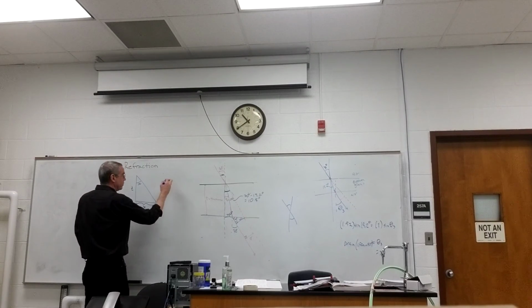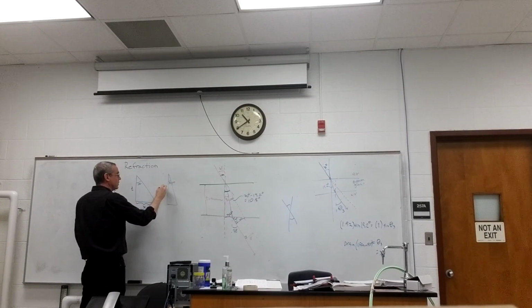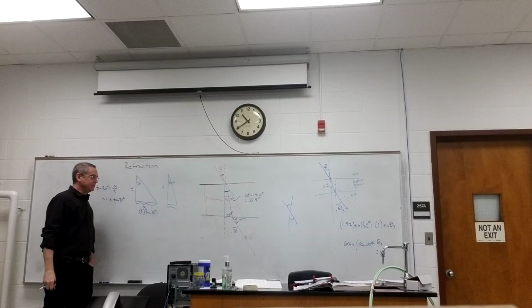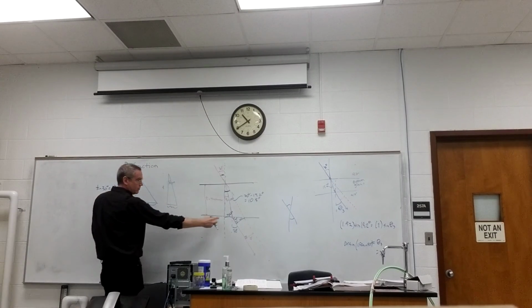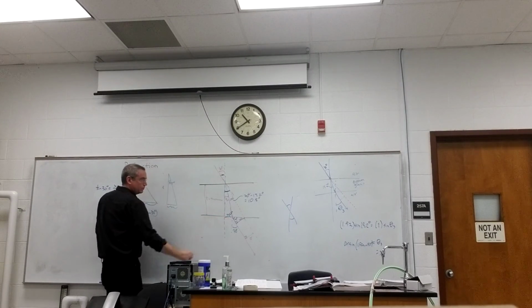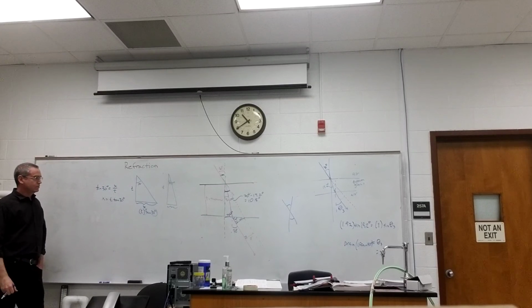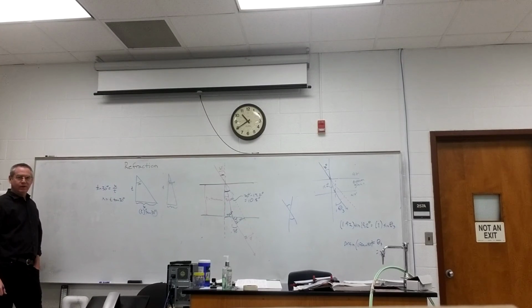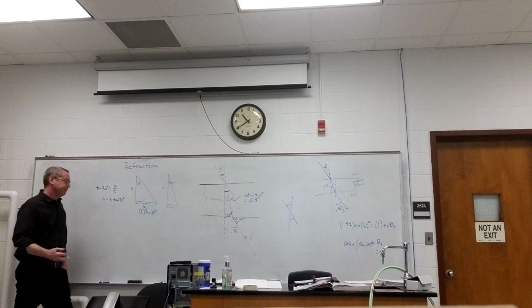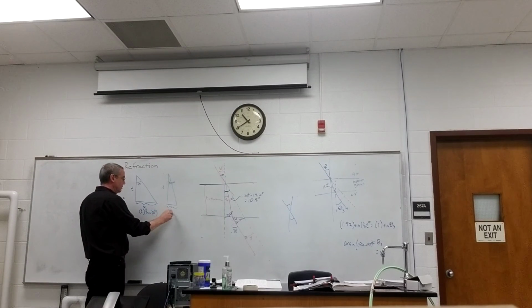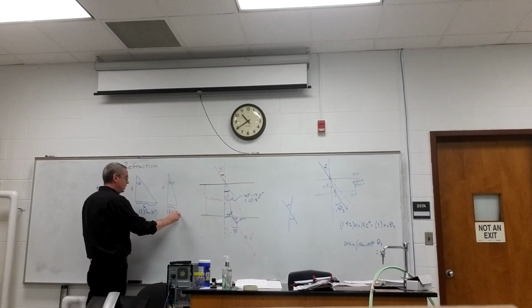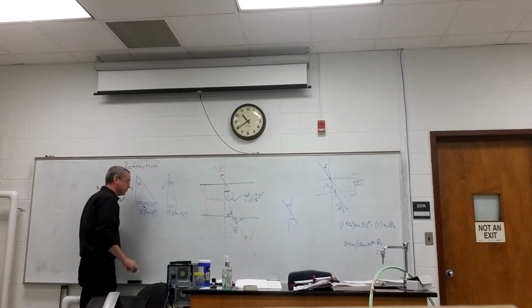If I look at the skinnier triangle, where this is 19.2 degrees and this is the thickness, it'd be the same, just with 19.2. So this is t times the tangent of 19.2 degrees.